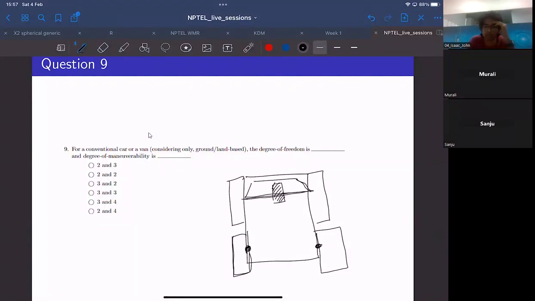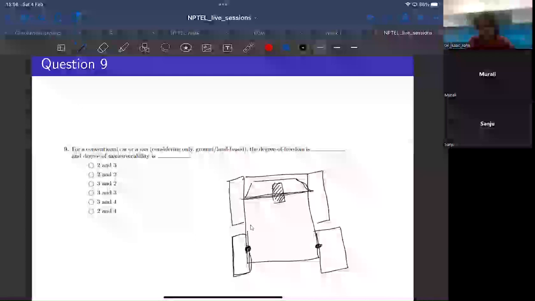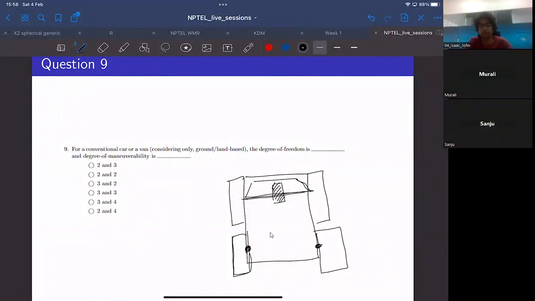What is the answer? Okay, both of you have answered 3 and 2. Degree of freedom is the number of independent variables required to identify the configuration. If you have a local reference and a car, the car can assume any position and any orientation.